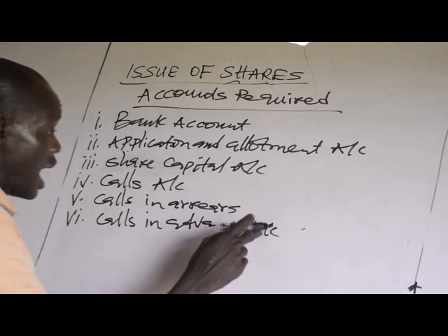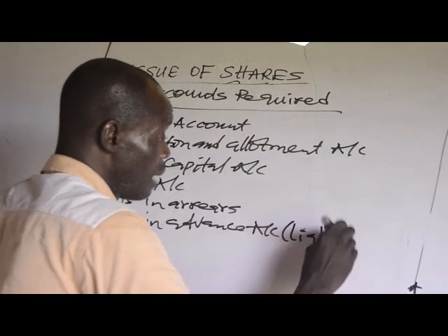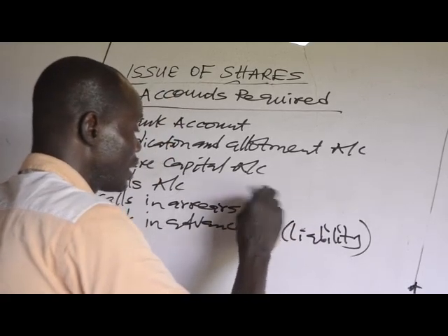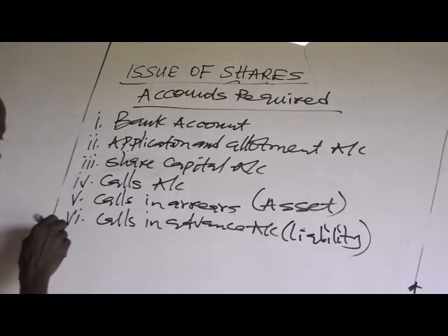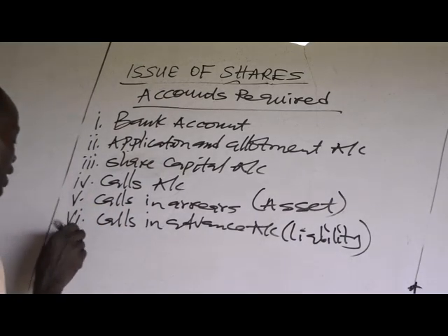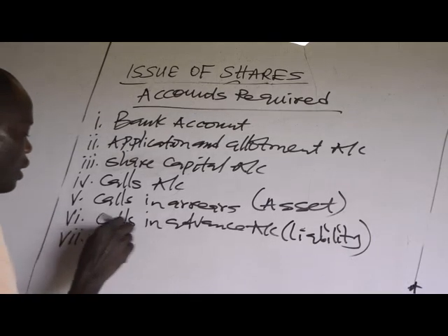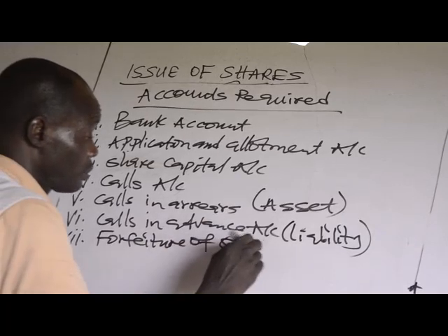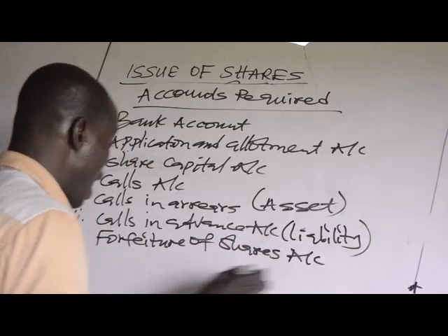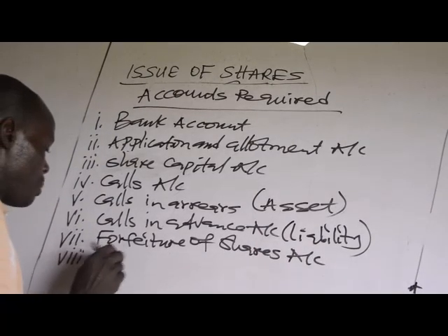Calls in advance is a liability account, while calls in arrears is an asset account. Then you may also have a forfeiture of shares account. And where shares are issued at a premium, you may also have a share premium account.